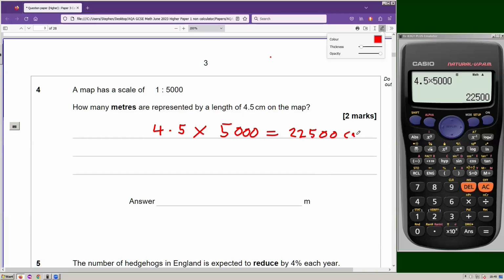That's centimeters. And there's 100 centimeters in a meter, which is how we've got to show it. So we need to come back 2 places here. So that's going to be meters.